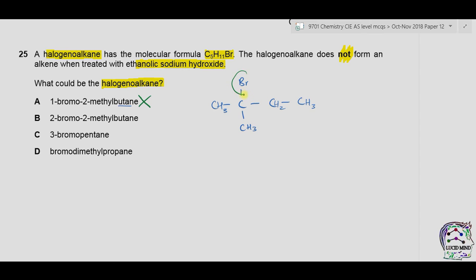Elimination will occur and this carbon will lose bromine, and adjacent carbon, which could be this one or this one, will lose hydrogen to form a double bond on either side. So this is also incorrect. Third one is 3-bromopentane. In pentane we have 5 carbon atoms in the long chain, and on third carbon we have bromine.